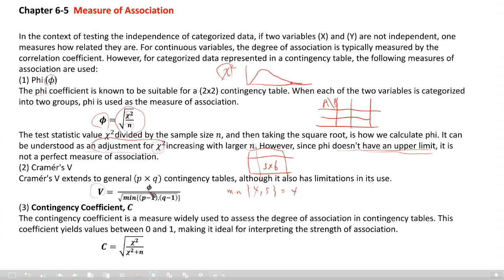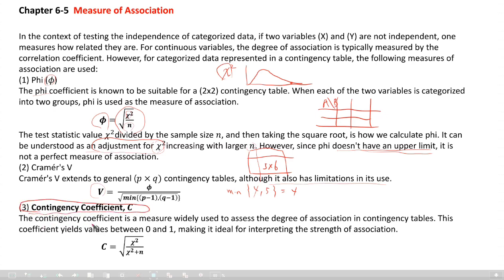So in this case, phi is divided by the square root of 4, which is 2. It is also very simple and not usually used.